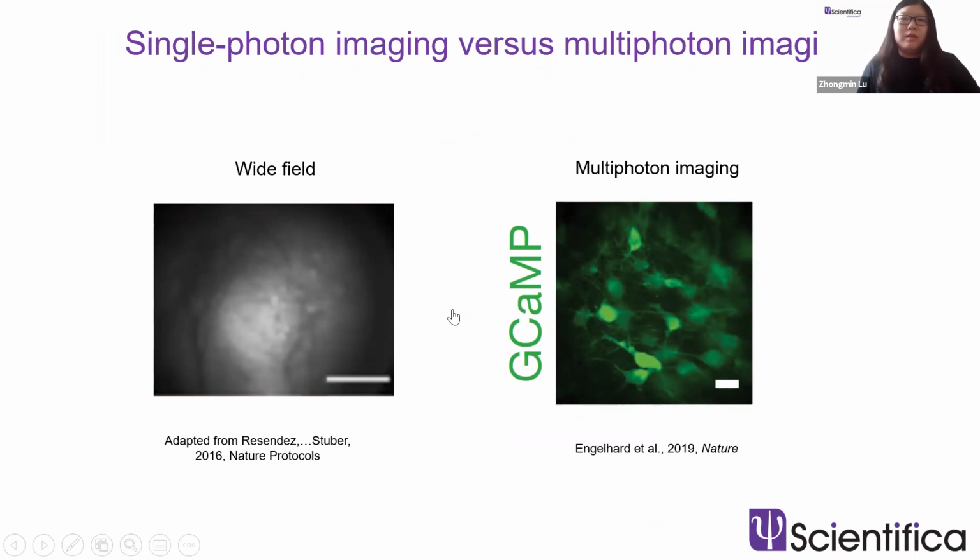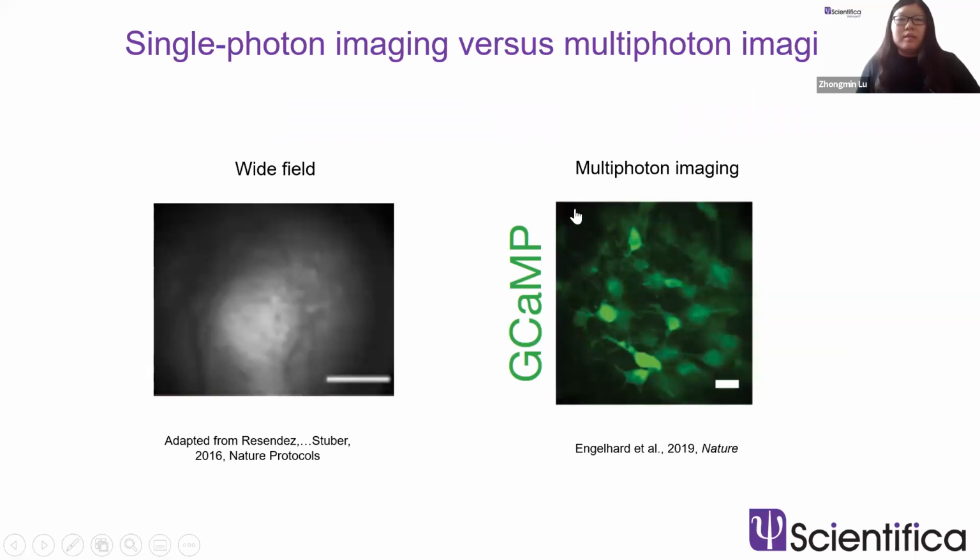And this, I just want to give you more ideas. What does single photon imaging look like on the left, and multiphoton imaging on the right? At a glance, you will immediately notice the high signal to noise ratio from the multiphoton imaging. Not only can you resolve individual cells, neurons here, but also you can resolve these fine processes from these neurons. This is almost impossible from this raw wide field imaging.